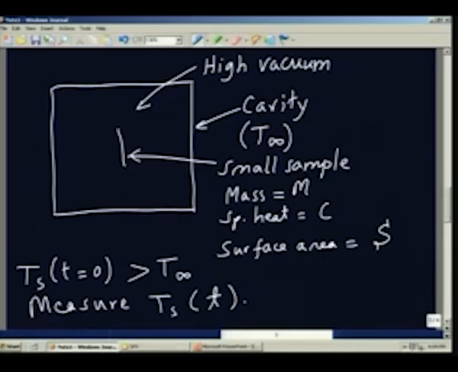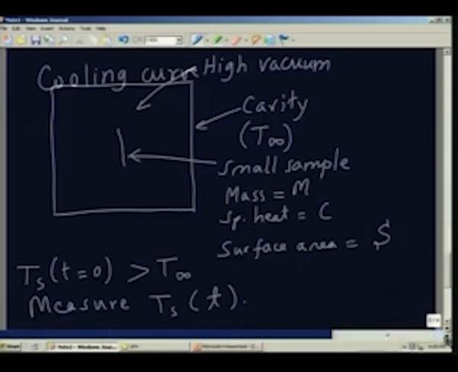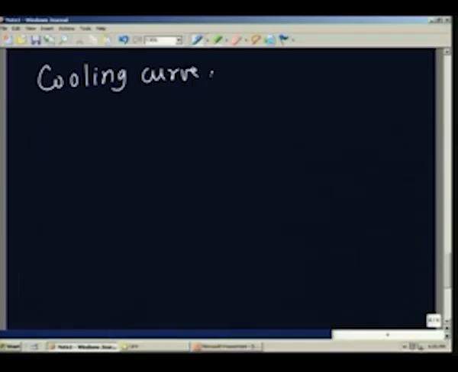We will also assume that for heating this sample we need some method of bringing the heat into it. We can bring it through very thin wires and electrically heat the sample. If the wires are thin enough, we can assume that the heat loss through the wires is very small and ignore it in the limit. Of course, you can account for it by finer measurement, but we will assume that, and therefore the cooling curve will be governed by the following equation.